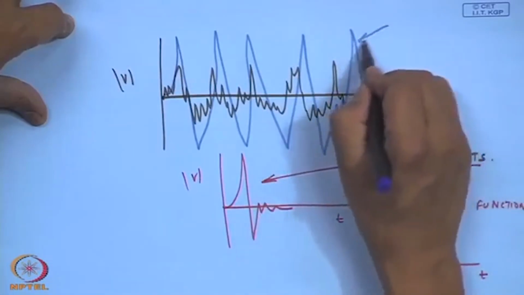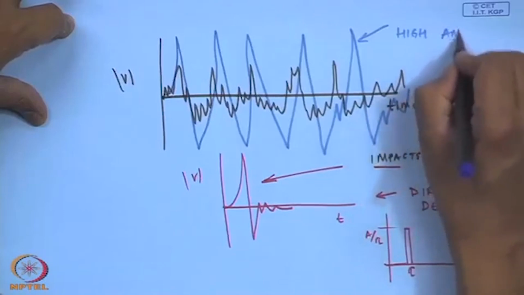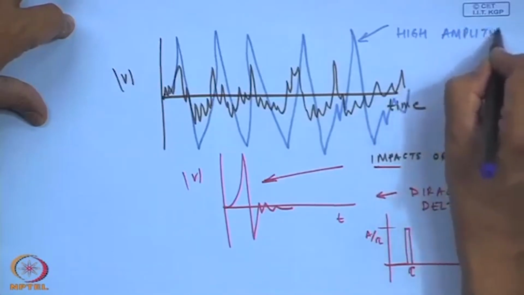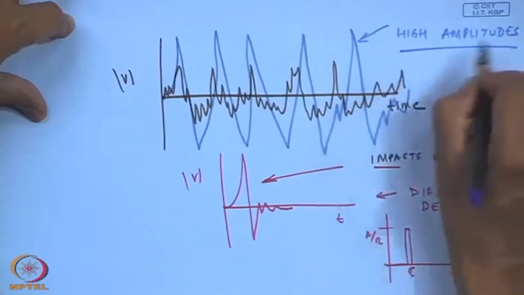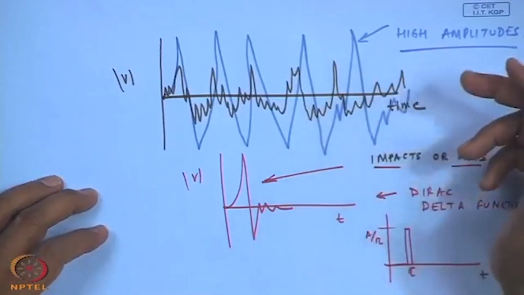So, first of all, these are high amplitudes, significant variations.